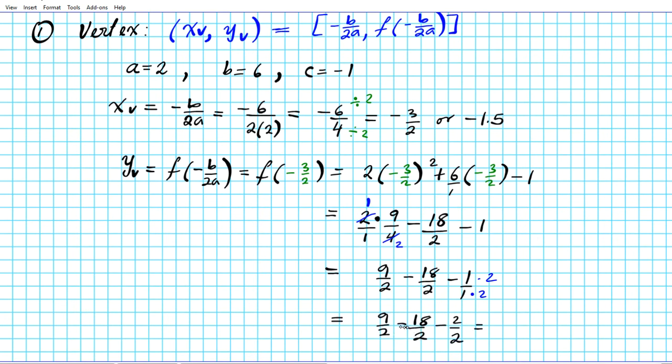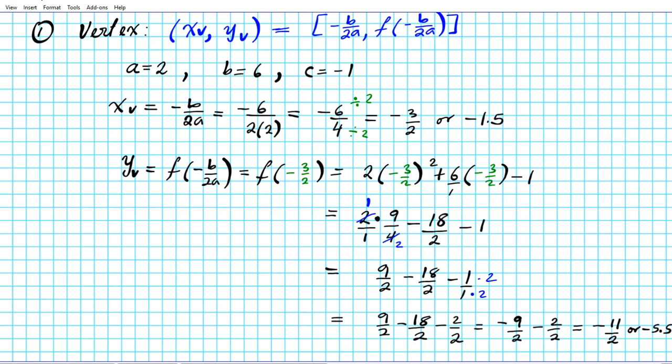Alright, for the first two, 9 minus 18 gives us negative 9 over 2, minus 2 over 2. Negative 9 minus 2 is negative 11 over 2. Okay, so that's the y coordinate of our vertex, which is the same thing as negative 5.5.